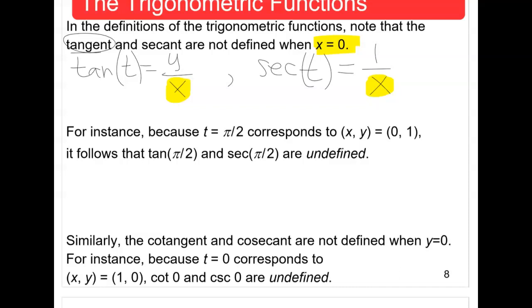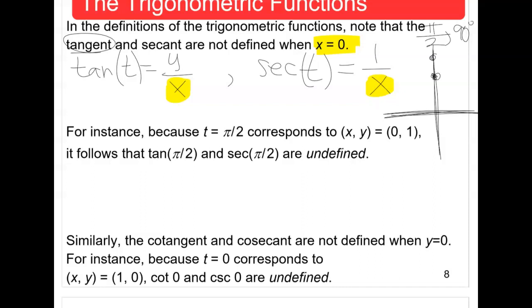And so that means that tangent and secant, if x was to be 0, and I'm talking about the points that are on the y-axis. So for example, if you remember the way we started labeling our circles, this happened at pi over 2 or 90 degrees.